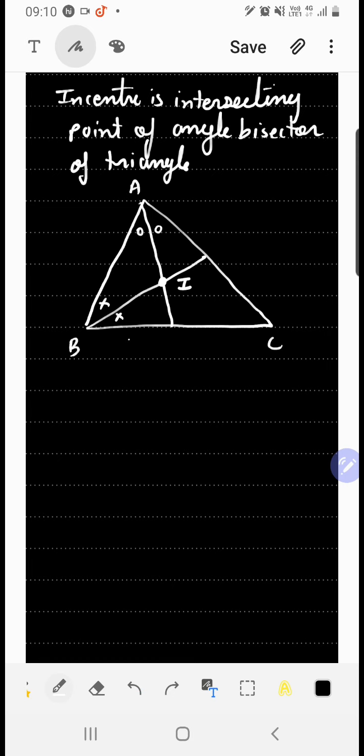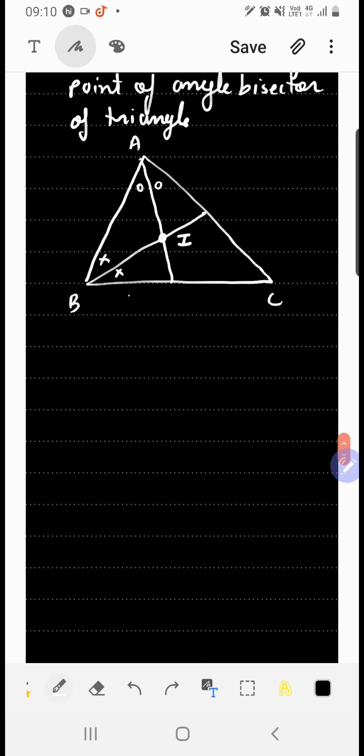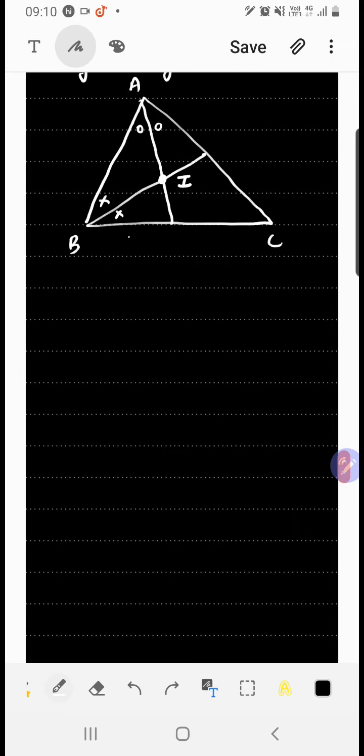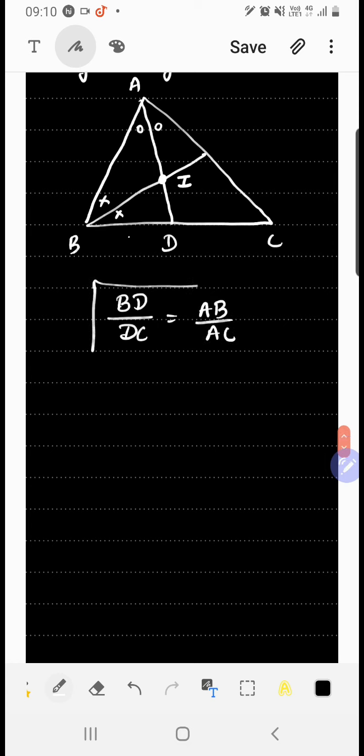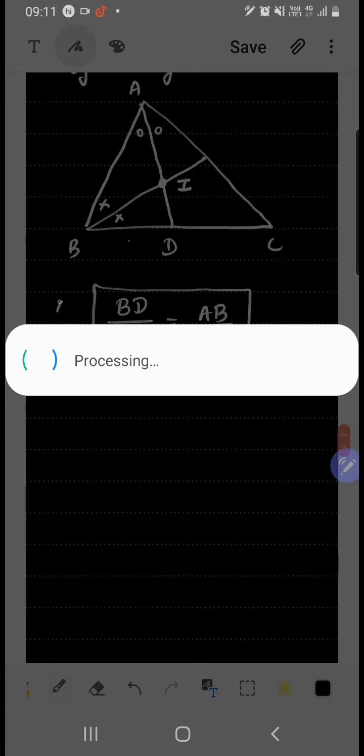With this, please remember we had one property for the angle bisector, if you can recall, which says BD upon DC is equal to AB upon AC. We have seen this in the angle bisector videos, so just keep this property in your mind.